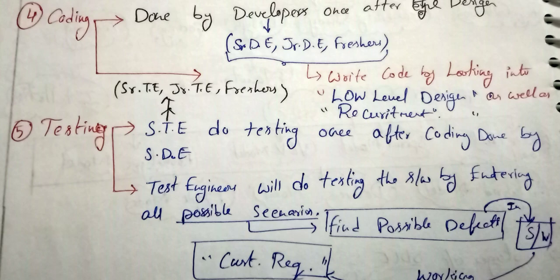After successfully writing the code, they will send it to the software test engineers, who are senior test engineers, junior test engineers, and freshers. They do testing once the coding is done by the software development engineers. Test engineers will test the software by entering all possible scenarios, and they find the defects, write the defect report, and send it back to the development team.